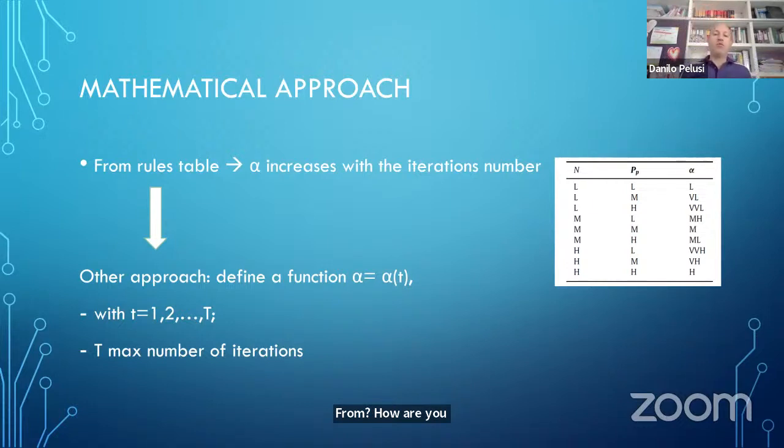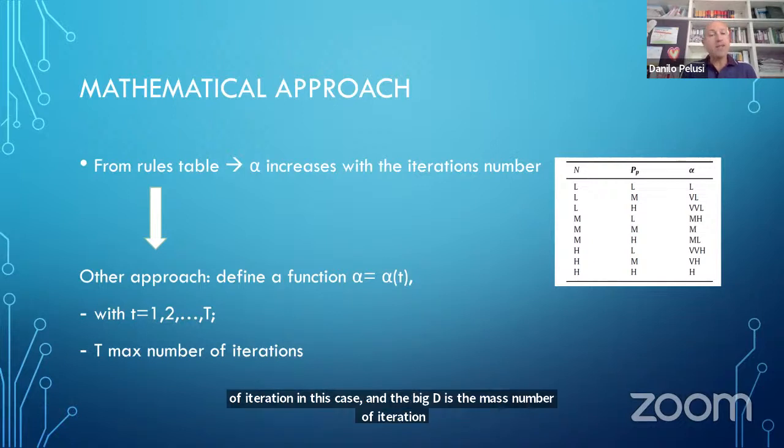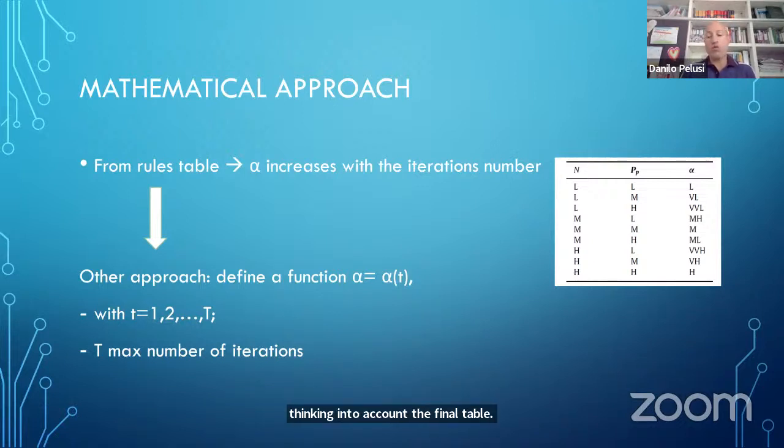In other terms, we consider that alpha increases with the iteration number, and another approach takes into account the fuzzy rule table. The other approach is to consider a function of t, where t is the number of iterations and big T is the max number of iterations.